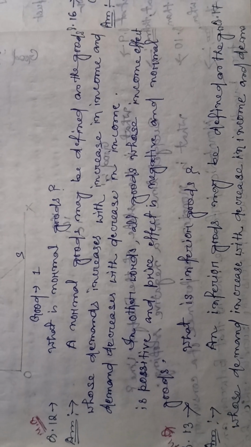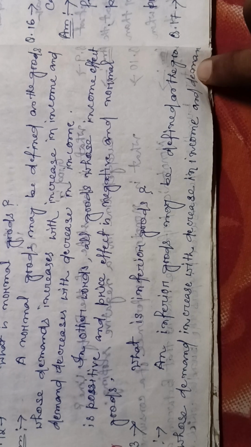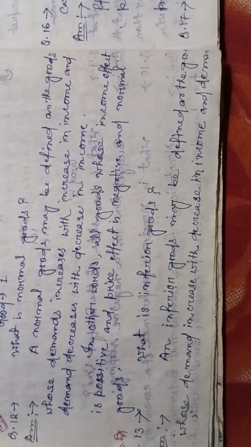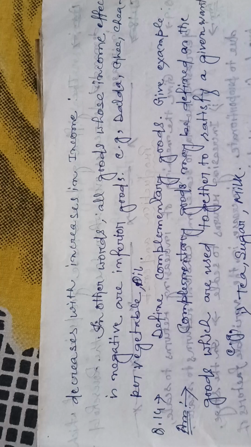What are inferior goods? An inferior good may be defined as a good whose demand increases with a decrease in income and demand decreases with an increase in income.